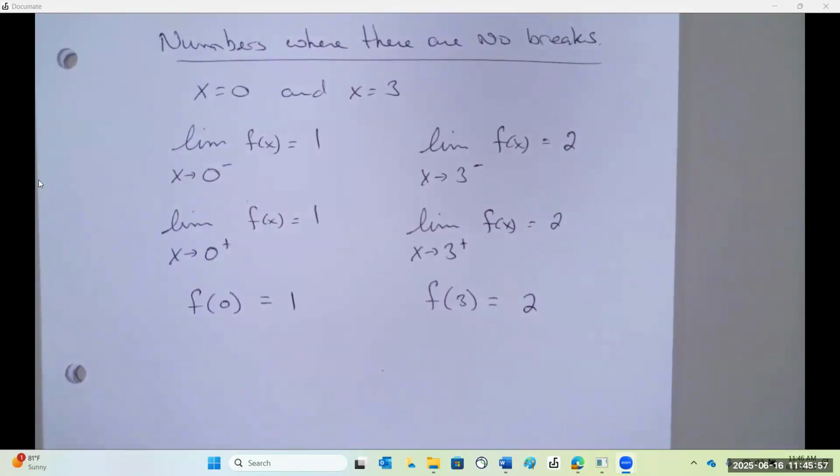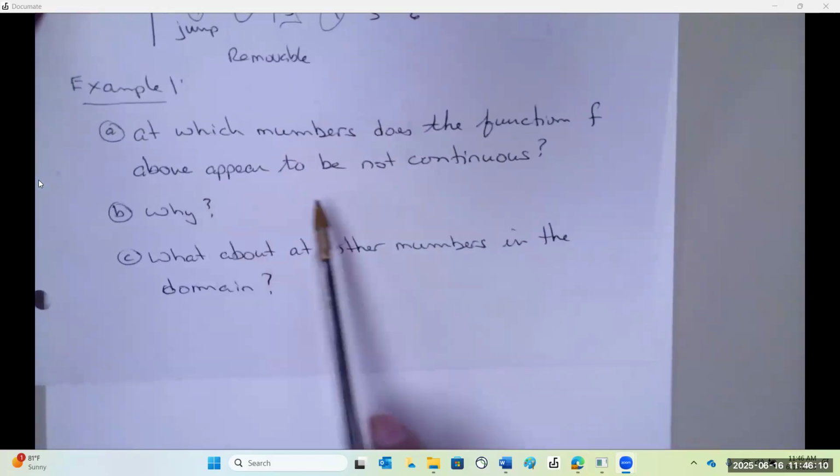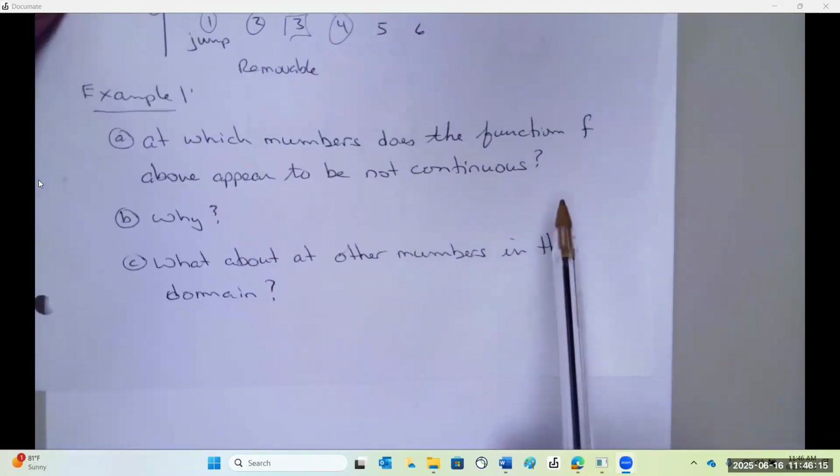One, 0, 3, 1, 2, 4, right? So, according to our question that's asking us which numbers of the function appear not to be continuous? We did that. That's 1, 2, and 4.